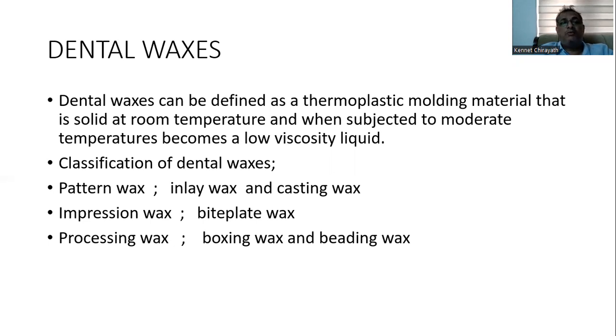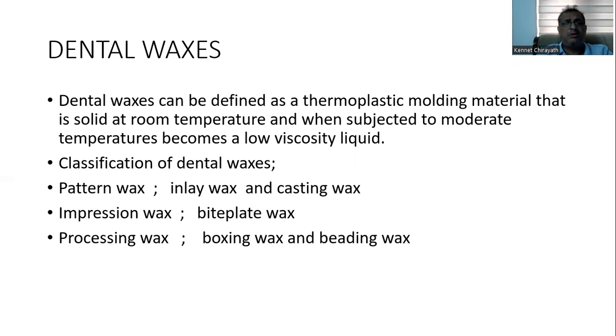Okay. So how is it classified? The classification of the dental wax. Dental wax is broadly divided into pattern wax to take the patterns of the prepared tooth, impression wax to take the impression of the edentulous area, and processing wax for the processing of the complete denture or any other procedures.